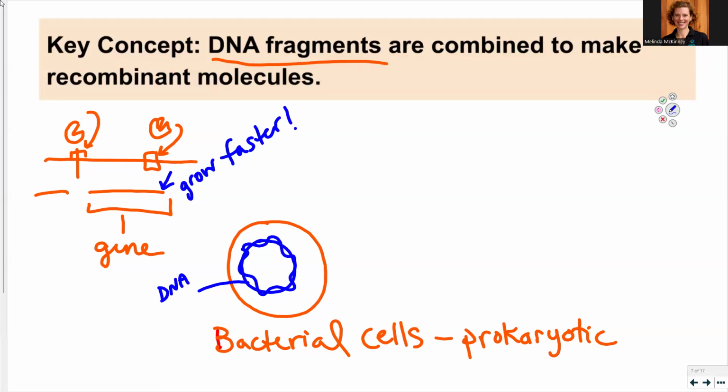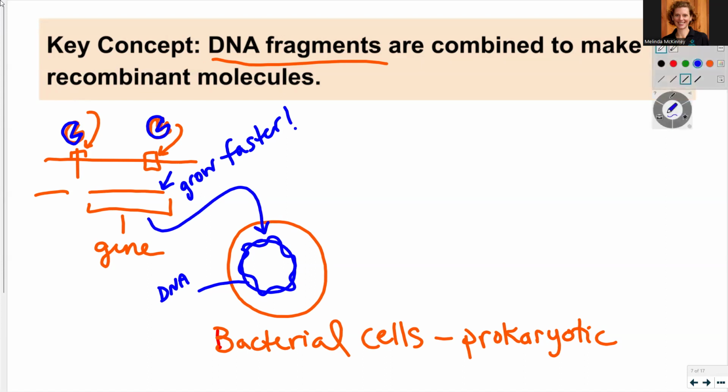So how do we get that into other plants? What you often do, even if it's from plant to plant, is take it out of your original organism. You're going to use your restriction enzymes, these little Pac-Man guys, to target and find the gene that you want. You're going to cut it out, and then you're going to put it into a bacterial chromosome.